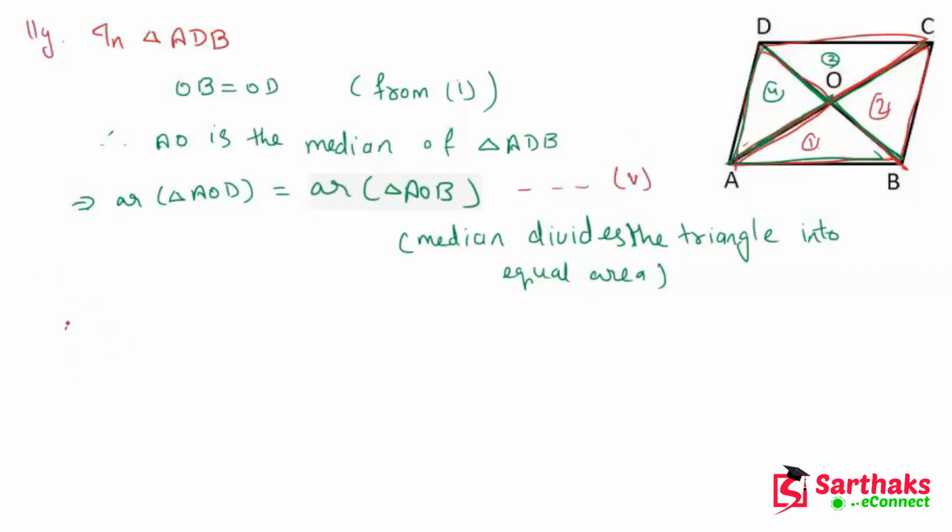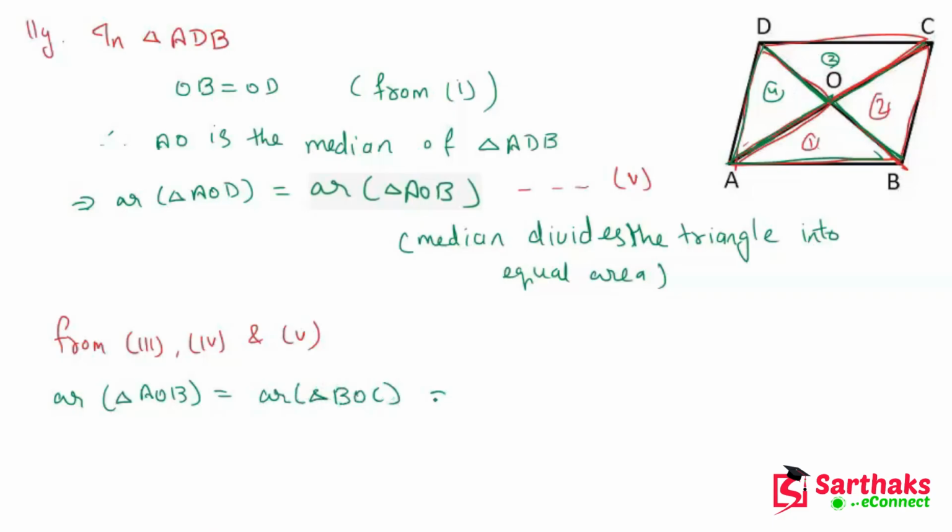So from the third, fourth, and fifth equations, we can write that area of triangle AOB is equal to area of triangle BOC is equal to area of triangle COD, which is equal to area of triangle AOD.